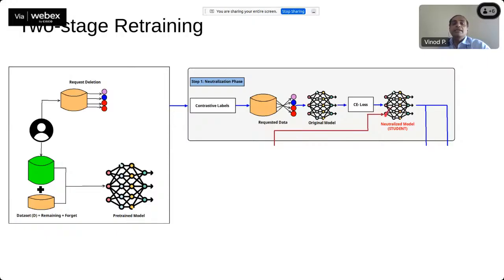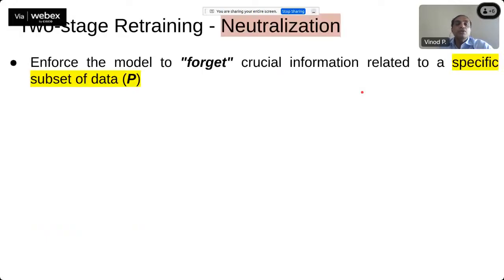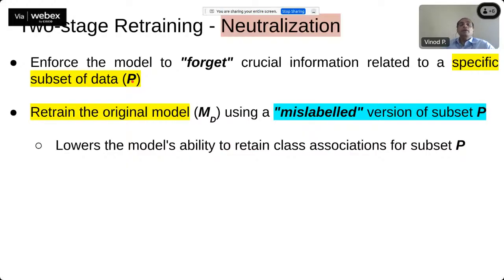So let us understand how these contrastive labels and this neutralized model can be created. The whole objective in the neutralization phase is to forget the information corresponding to the sensitive data set, represented by a set P. We have to retrain our original model with the mislabeled version of the sensitive data points.